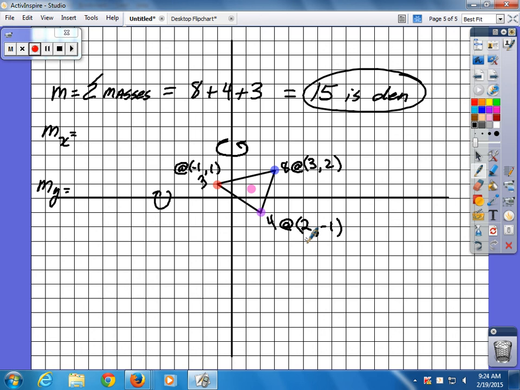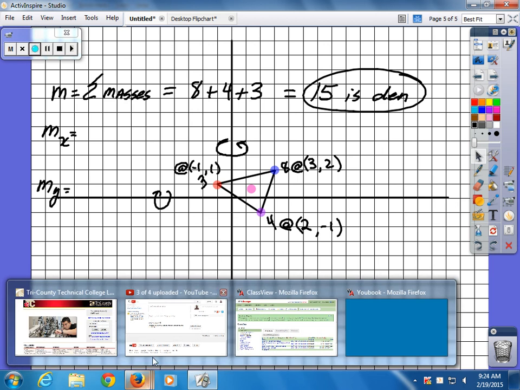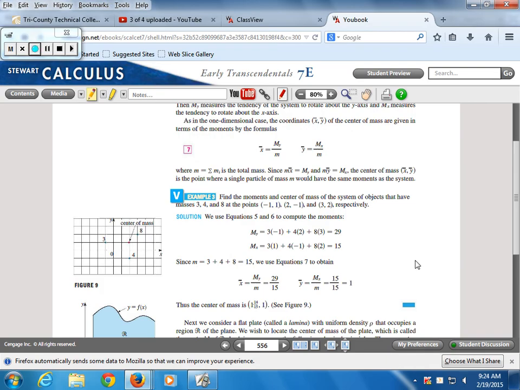Now, in the example, they give you the formula to do that, which is based on force times distance. There it is. So, for y and x, if you look right there, 3, what's the number we multiply by 3? -1.